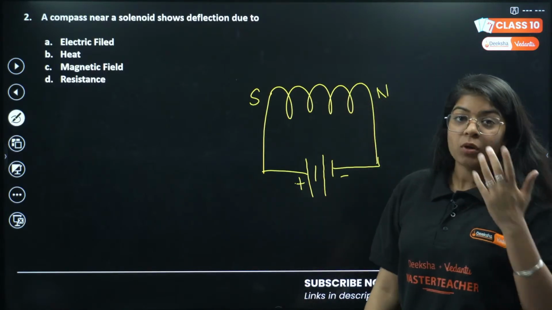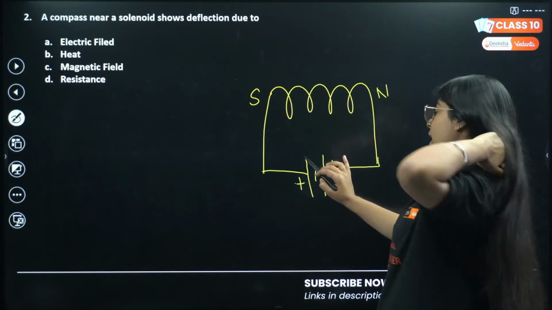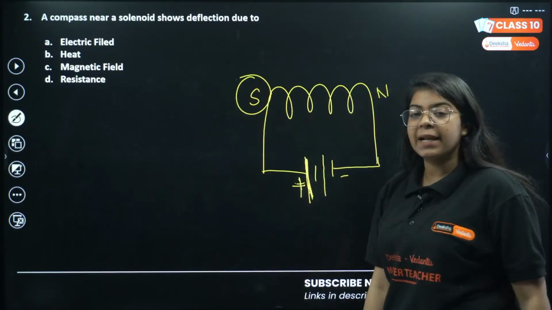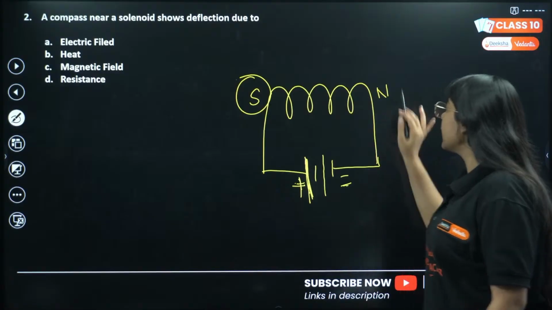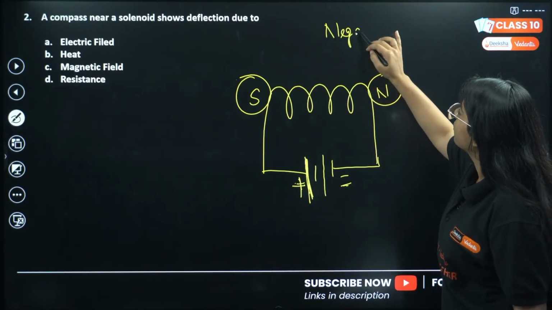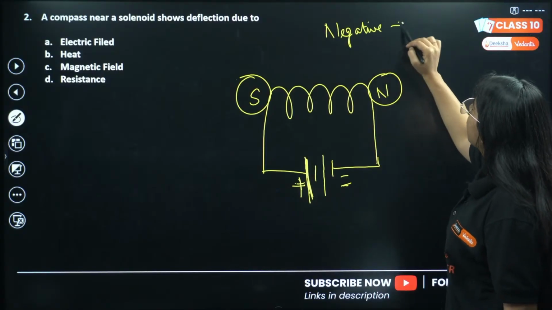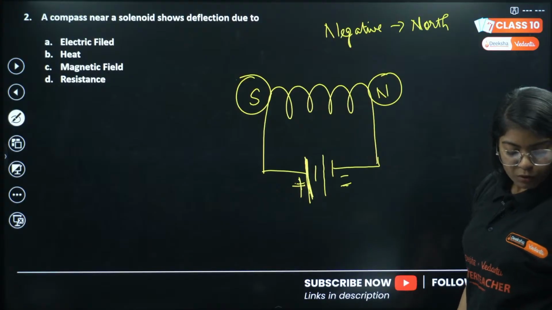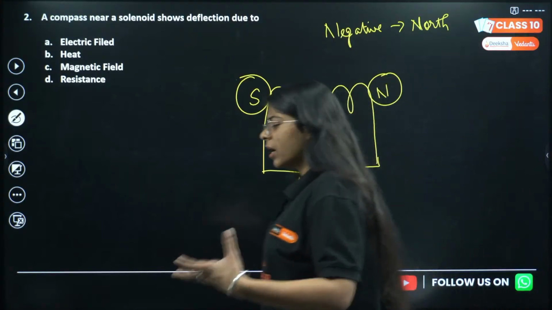You know the poles of a solenoid, right? On the positive side of the battery, a south pole will be created, and on the negative side of the battery, a north pole will be created. Negative north. You can remember it like this.